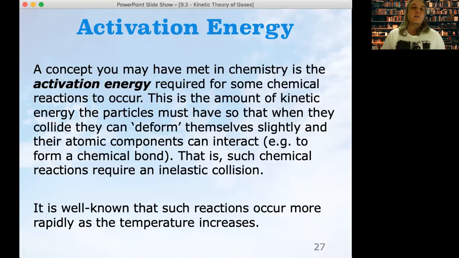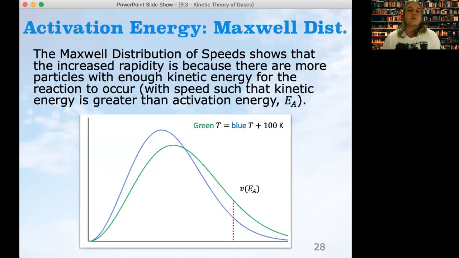It's pretty well known that those sorts of reactions occur more rapidly as temperature increases, and this Maxwell's distribution shows us that that makes perfect sense. Because if we choose some activation energy and figure out the velocity needed to get that activation energy, then you can see that at that point, the higher temperature, the green one, has a lot more area here, right?